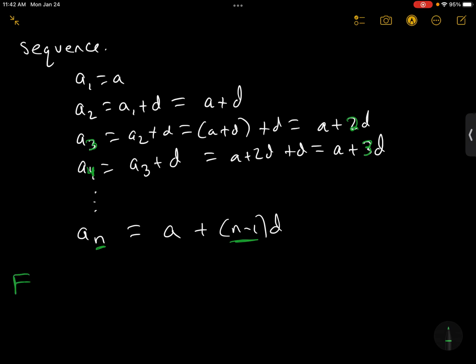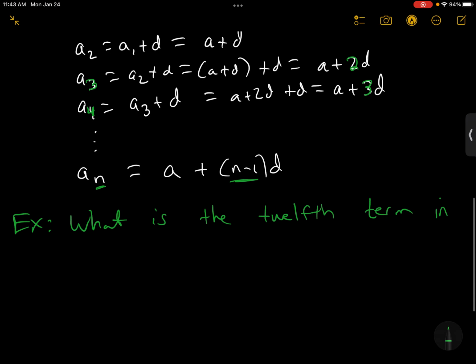All right, so we can ask questions like, what is the 12th term in the sequence 2, 7, 12, 17, 22, like that? So in this case, d equals 5 because you add 5 to every term to get the next one, and n equals 12 because we're looking for the 12th term.